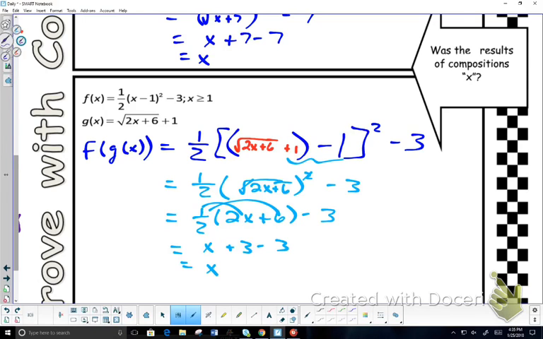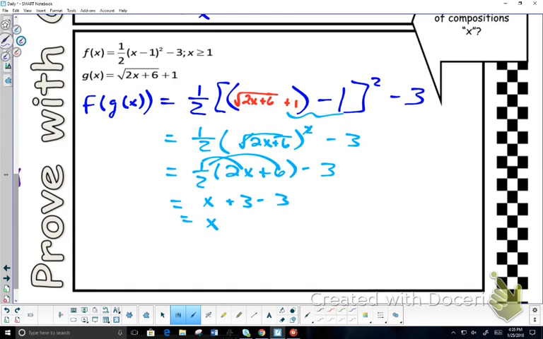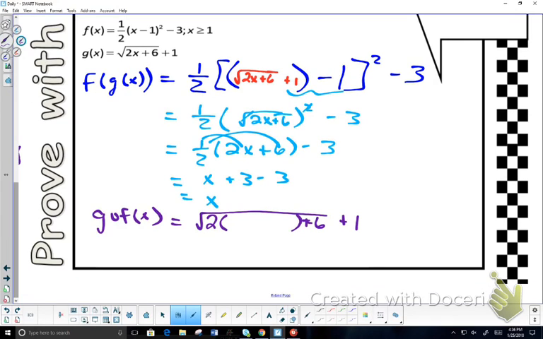So then I can do it the other way, which would be g of f of x. G would be my outie, so I would do this 2, I got these parentheses, plus 6, and on the outside I got plus 1. On the inside of that I got to put all that stuff, so I got 1/2 x minus 1 squared minus 3.